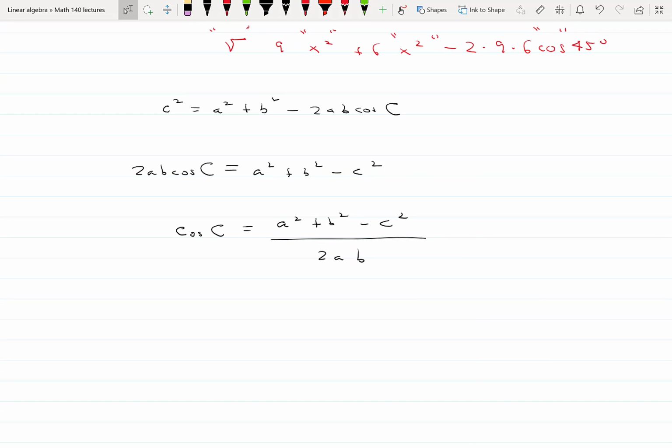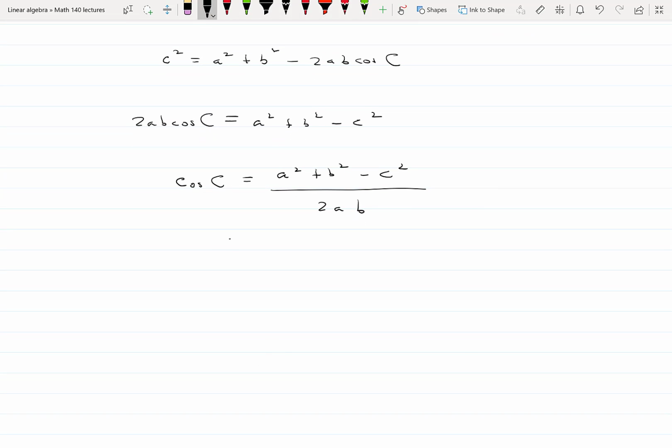So at this point, I'll have the cosine of C, but I'm looking for C. The formula says the cosine of C equals, but I'm not looking for the cosine of C, I'm looking for C. So what would be the last operation I use in my calculator to go from the cosine of C to C? Would it be the cosine function? No. What would it be?